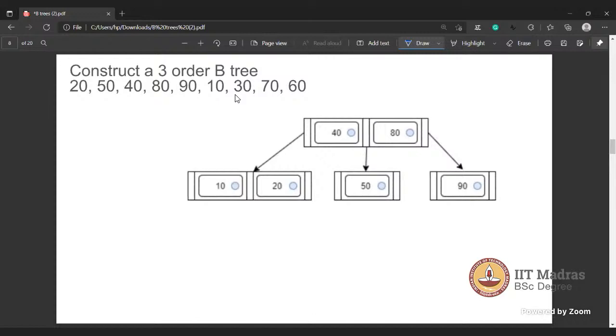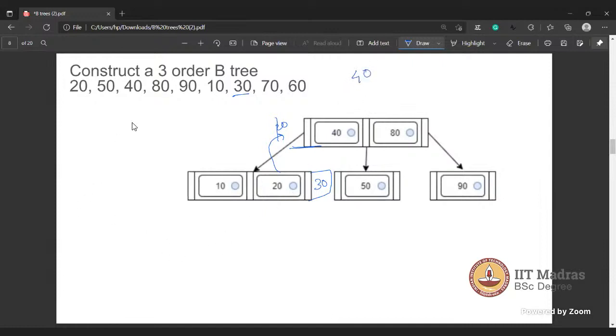After that, we have to insert 30. 30 is less than 40, and 30 is greater than 10 and 20, so it will be inserted in this position, but the maximum number of keys can be 2, so it will split up. 20 will go up. When 20 goes up, this node is also full, so it will split again and 40 will go up.